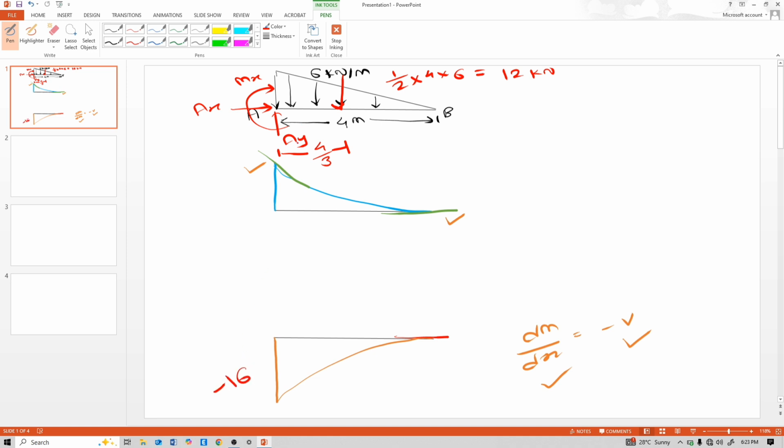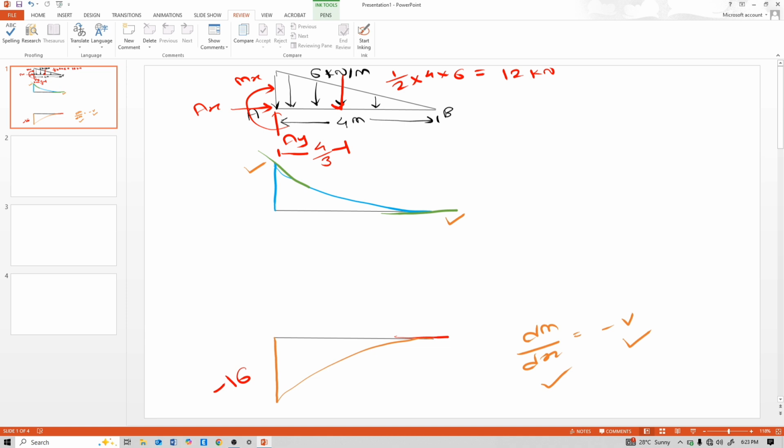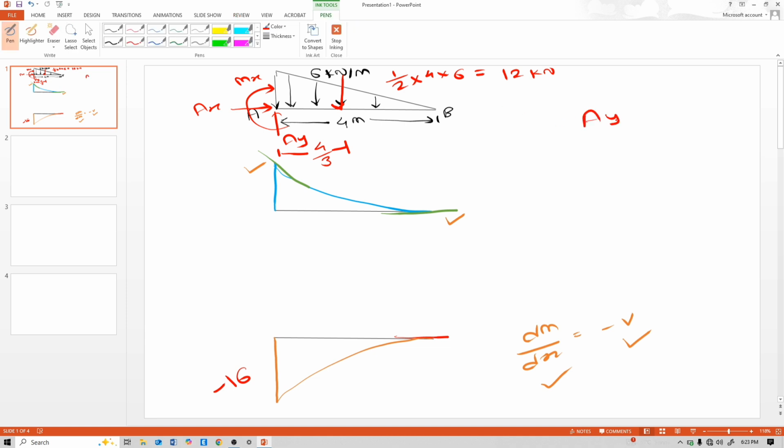And here AY is positive upward, AY minus 12, that means AY reaction is positive 12, that's why here 12 kilonewton and this moment is 16 kilonewton meter.